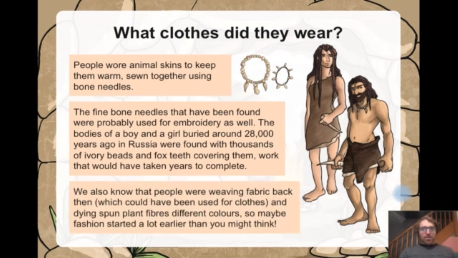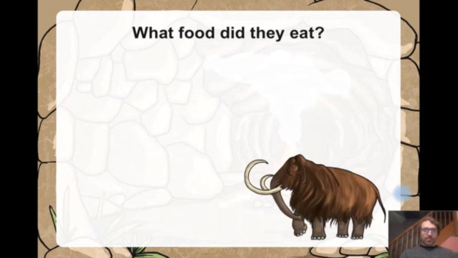We also know that people were weaving fabric back then, which could have been used for clothes, and dyeing spun plant fibres different colours. So maybe fashion started a lot earlier than you might think.